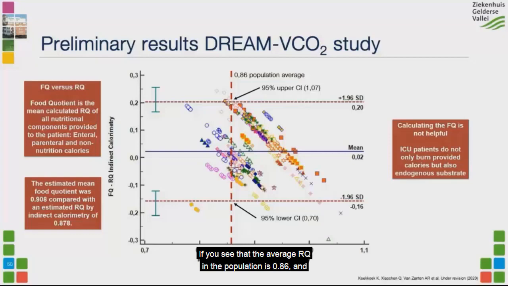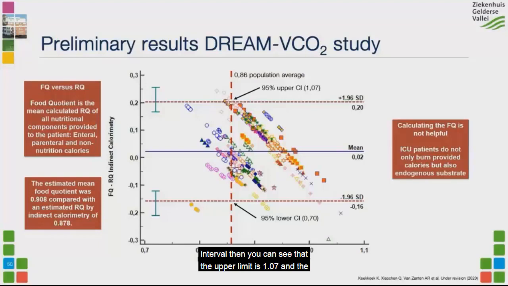So on average, there's not much difference. But if you see that the average RQ in a population is 0.86, and you see the dotted red line, vertical line, that's the 0.86 line, so that's the average of the population. This food quotient predicts this average with a 95% confidence interval.